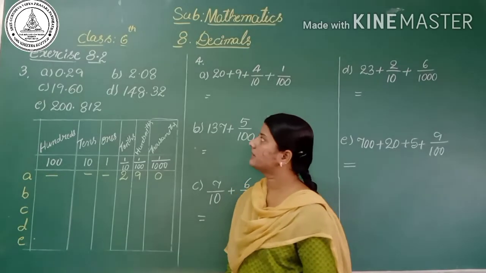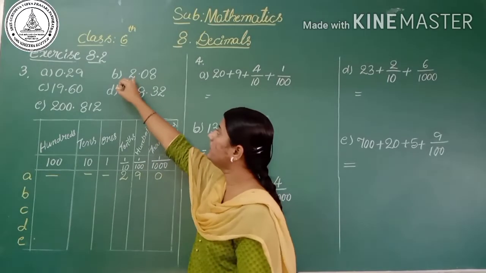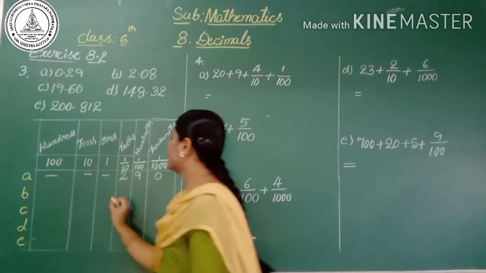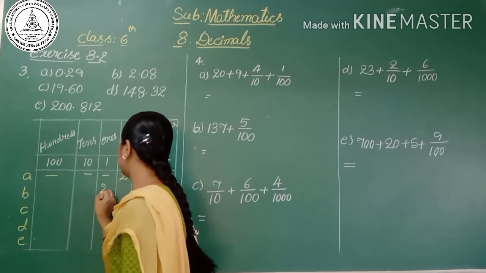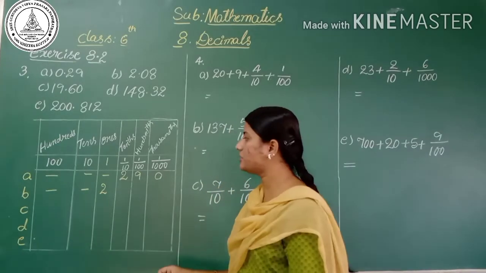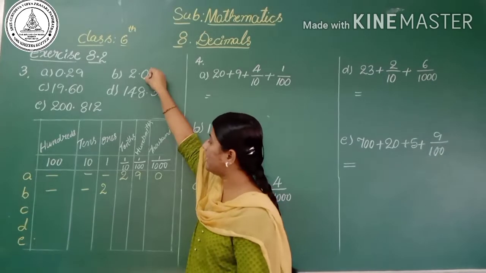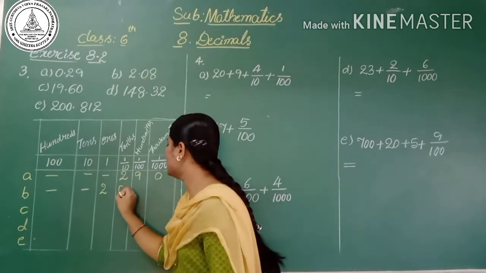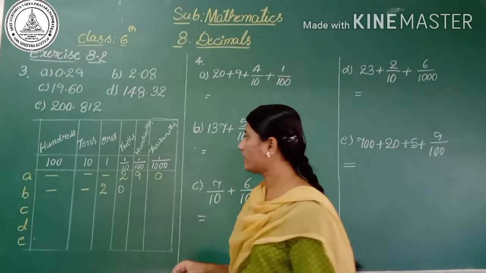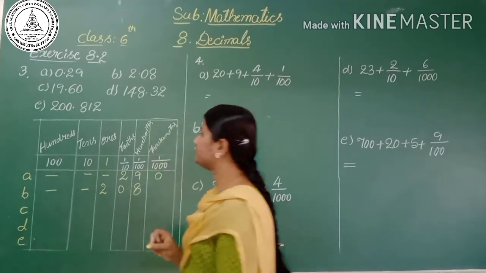Then B: 2.08. In the whole part there is a 2, so 2 is in the ones place. Write 2 in the ones place, and keep the rest of the tens and hundreds places as dash, and 0 is in the tenths place, so we write it there, and 8 is in the hundredths place. So here we write 8.